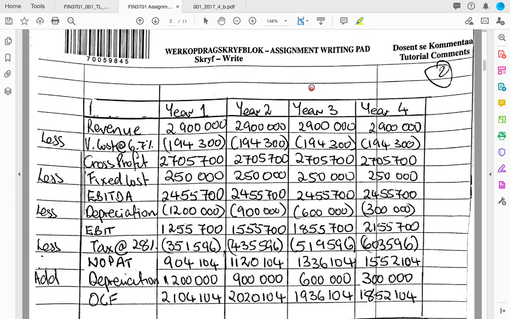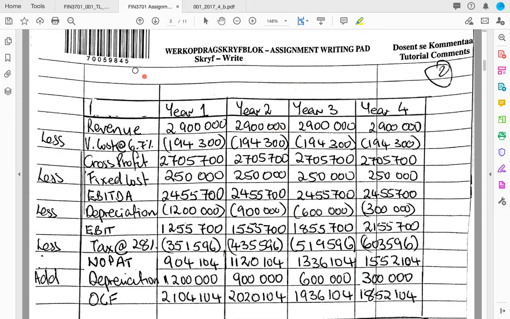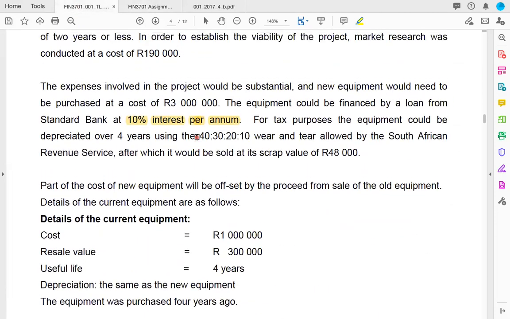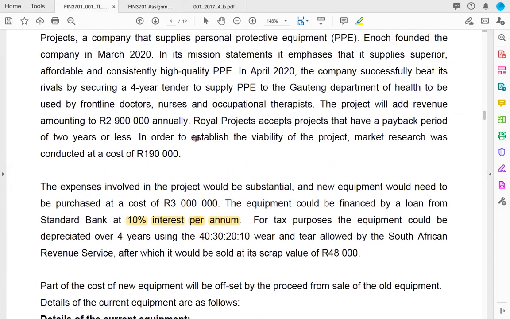So please note here, we don't need to subtract anything to get the incremental cash flow, because we are told that the project will add revenue. So an addition of revenue means this 2.9 million is incremental revenue.